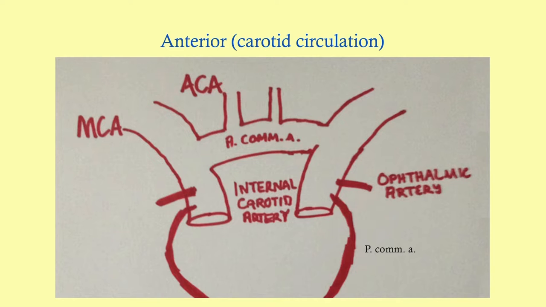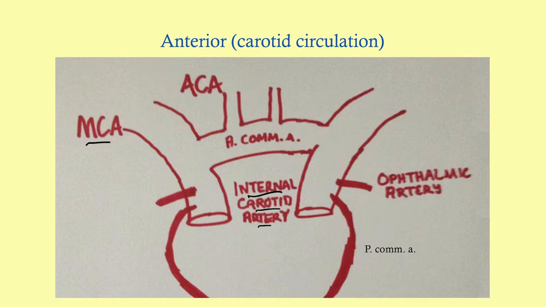Let's look at the anterior carotid circulation. So what you've got here is you start with the internal carotid artery. Okay, we know where that is. That runs up the neck. Comes off the common carotid artery. And as we get into the brain, the internal carotid will then give off terminal branches, and that's the MCA.